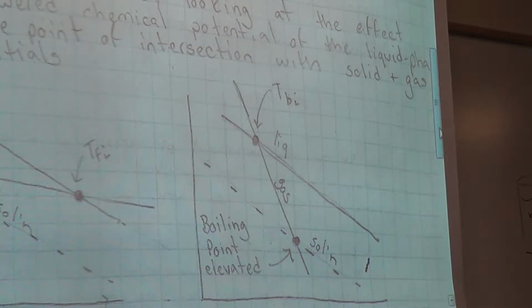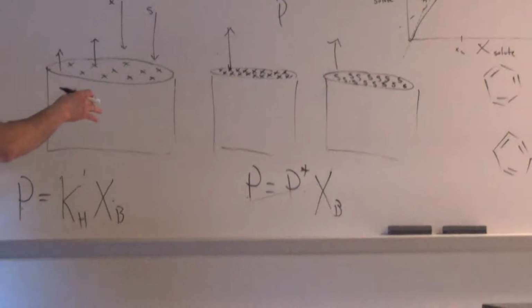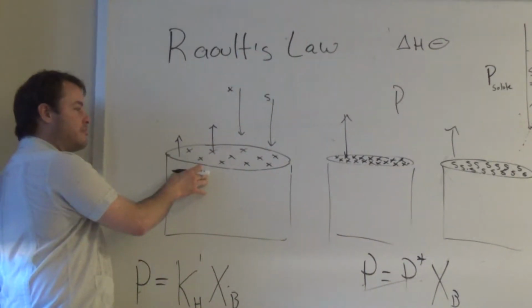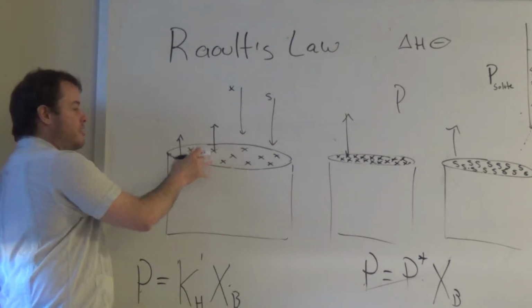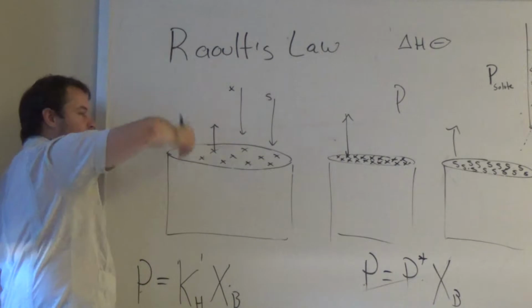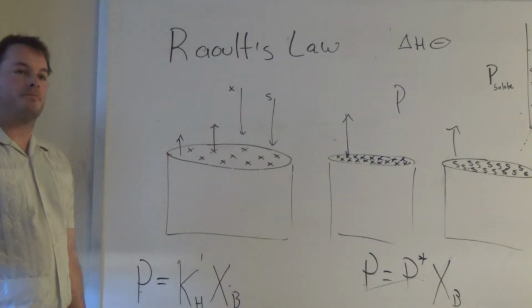Let's look back at this diagram. I should have mentioned that these are defined for non-volatile solutes. We're exploring non-volatile solutes right now. The boiling point is defined to be the temperature at which the vapor pressure of the species is larger than the atmospheric pressure, right?